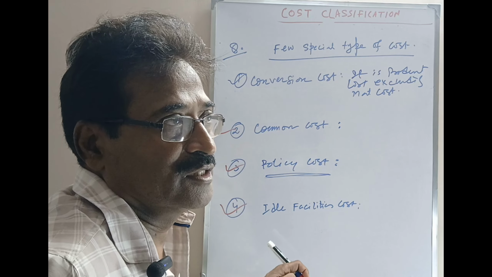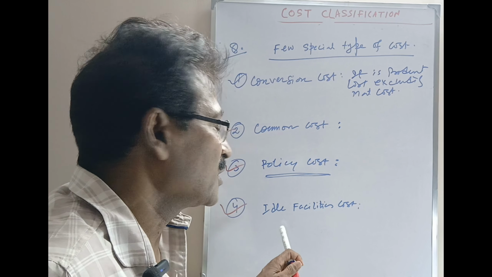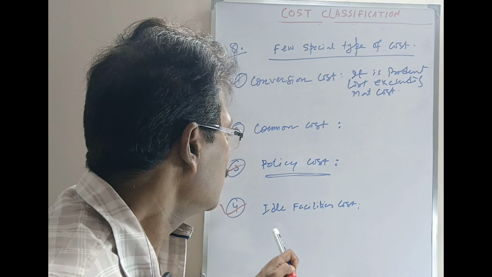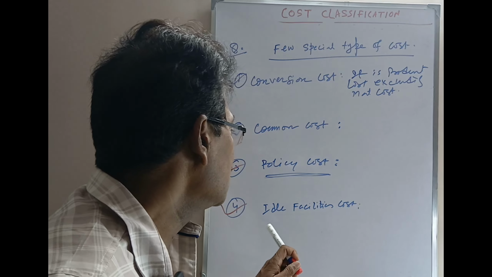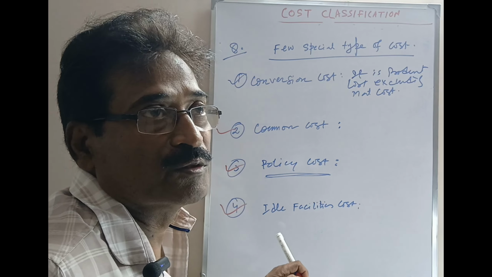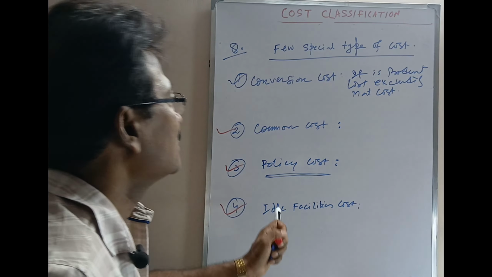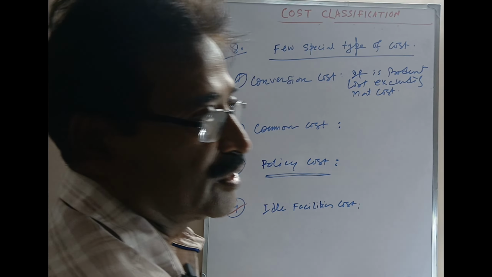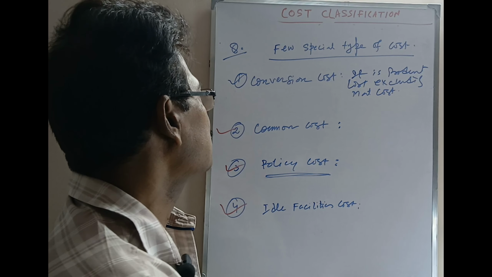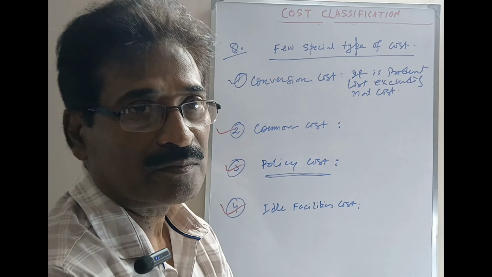There is insurance cost. Okay, there is working capital blockage. So these are the abnormal idleness due to non-utilization of fixed assets. All these costs are considered in case of decision-making purpose.